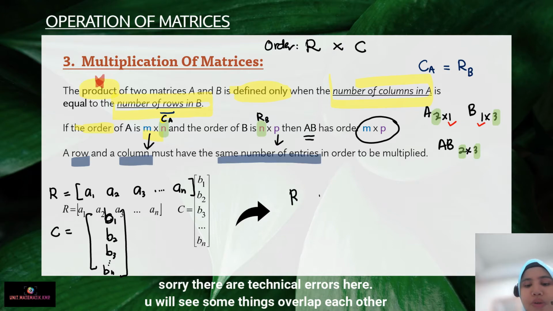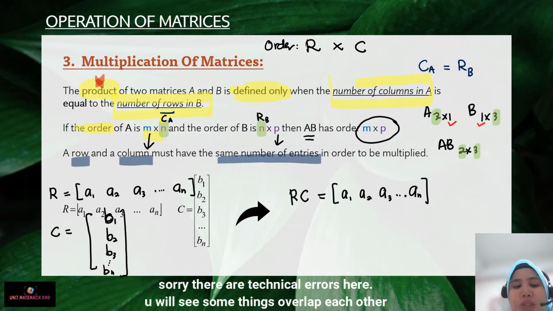So for us to do the multiplication, it is RC. For RC, you write A1, A2, and so on. Write down the exact matrices, and don't change their positions, with B1, B2, B3, Bn.